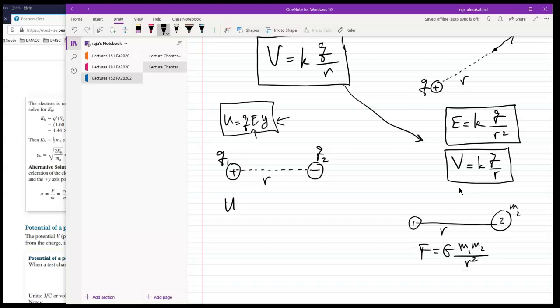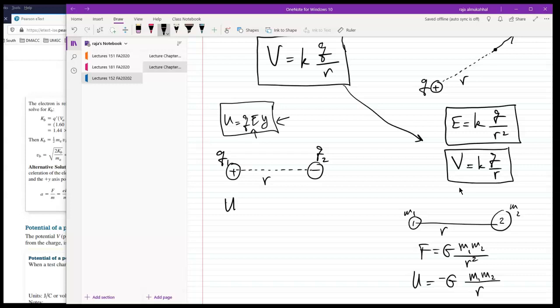This is m2 and this is m1. Well, there is also gravitational potential energy U. This U is equal to, actually minus G, the product of the two masses divided by their distance without the square. This is called gravitational potential energy, okay?